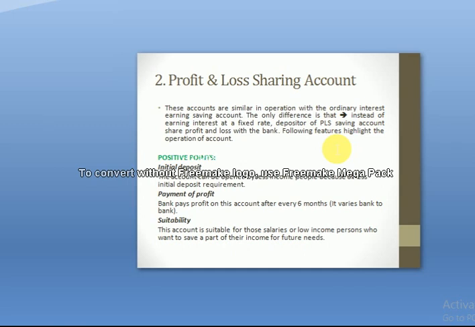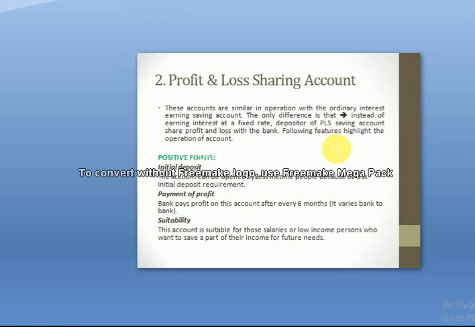So, just like the current account, the PLS account also has some advantages, or we can say positive points and negative points.